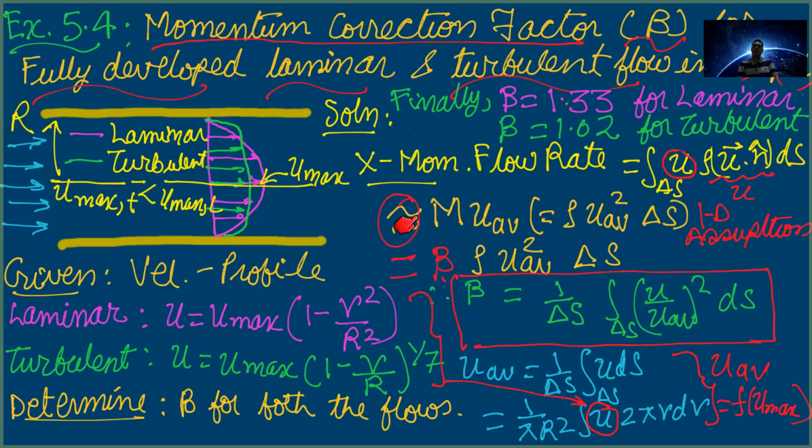So, what is the price associated with it? For turbulent flow, it's like a 2% variation, which you may consider negligible. So the 1D approximation for turbulent flow is good. If you use the algebraic equations for momentum for turbulent flow, it is fine because the error is small. However, for laminar flow, note that there is about 33% additional value involved.